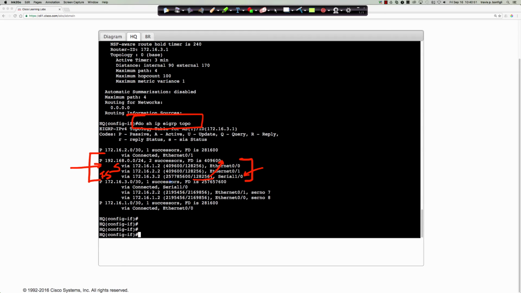And that is the number one requirement when we're doing unequal cost multipathing, or I should say the number one requirement that needs to be met is in order to use another successor for unequal cost multipathing, that successor has to be a feasible successor. And again, we could have 20 feasible successors here, but the bottom line is to do unequal cost multipathing across a path that is not a successor, it has to be a feasible successor.